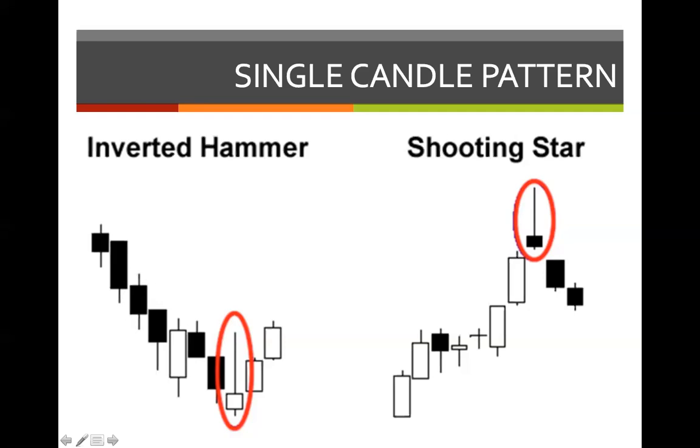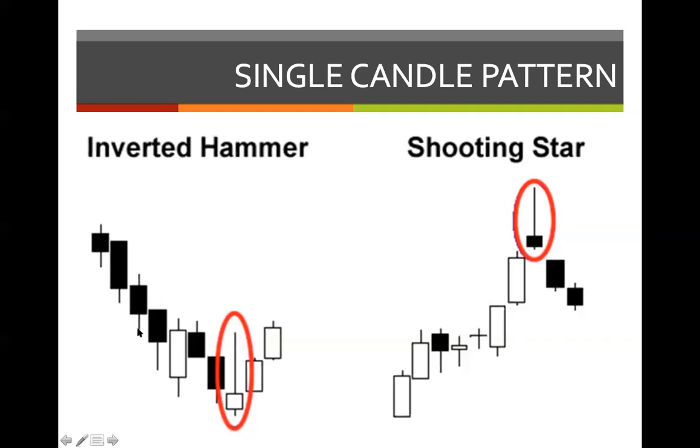So we've got the body, we've got the wick. And I explained that for every red candle you see, what it means is price opened at the top of the body and price closed at the bottom of the body.